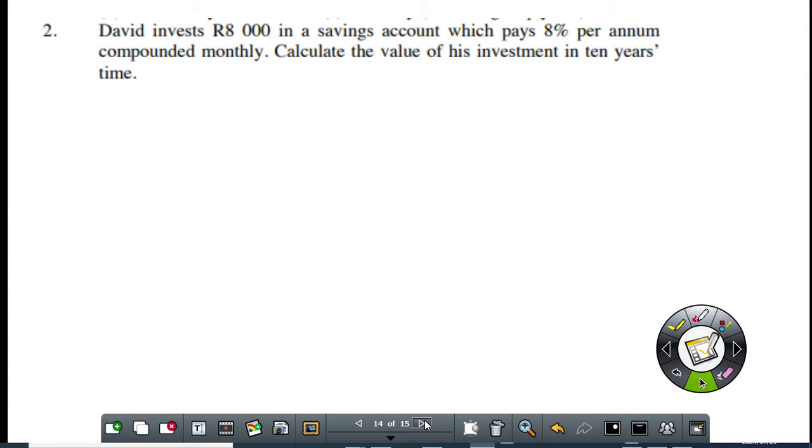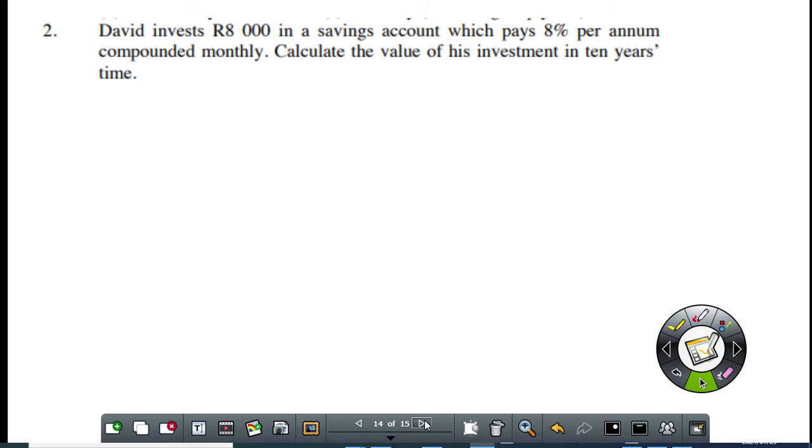It says, David invests 8,000 rand in a savings account which pays 8% per annum, compounded monthly. Calculate the value of his investment in 10 years' time. Okay?